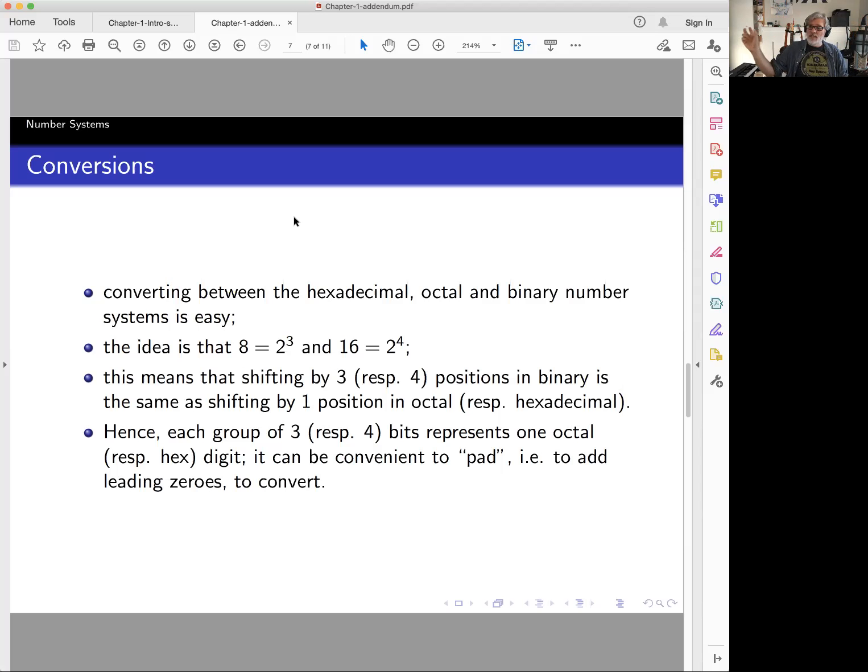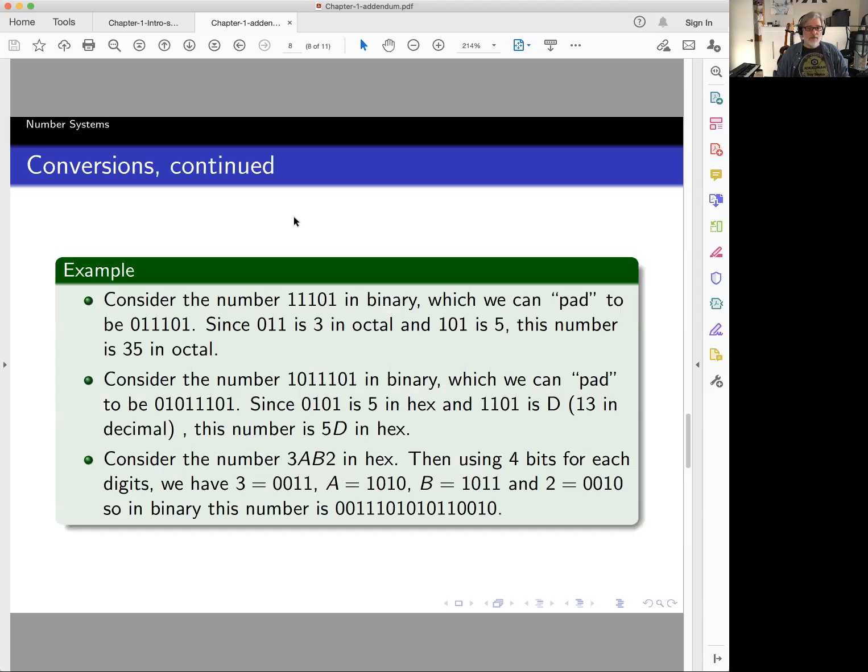So basically each group of 3 bits is an octal digit. You can rewrite your sequence of bits by regrouping in 3 bits as an octal number. If you do it by 4 bits, you're writing it in hex. And you can go back, of course. Okay, so let me show you what I mean by this.